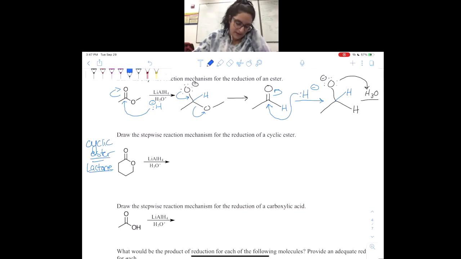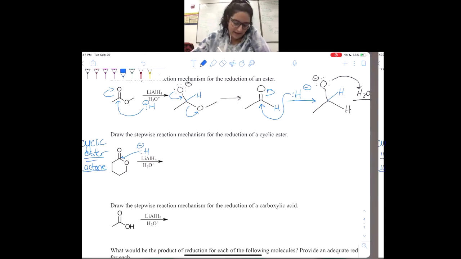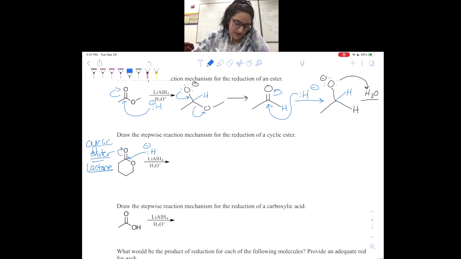So we are going to have the hydride attack again. But now I'm going to do this all in one step to kind of make it a little bit faster, but then I'll draw out the whole thing just to show you guys what all of that means. So we already know that we're going to kick those electrons up, but then we also know that eventually the electrons have to come back down to kick off this leaving group.